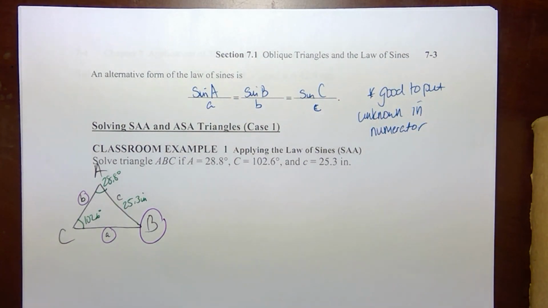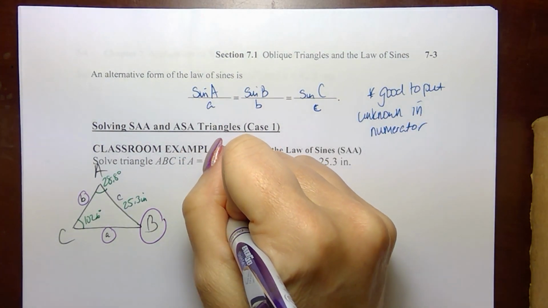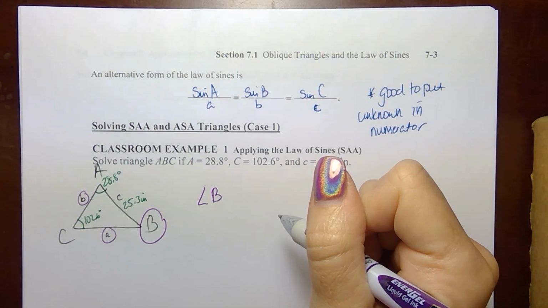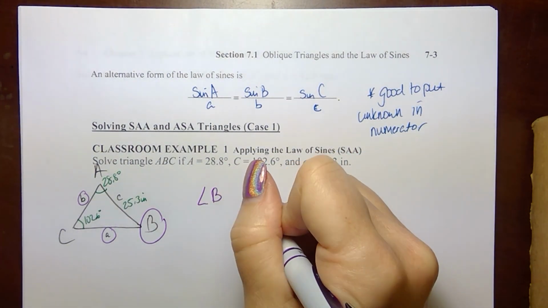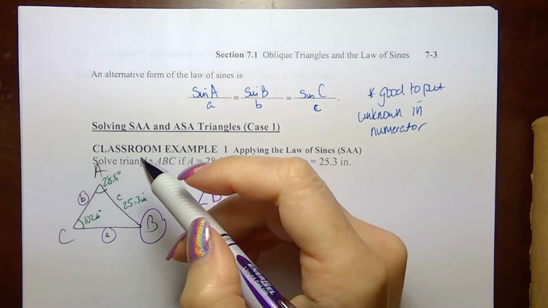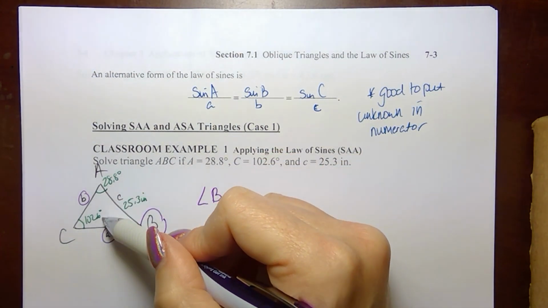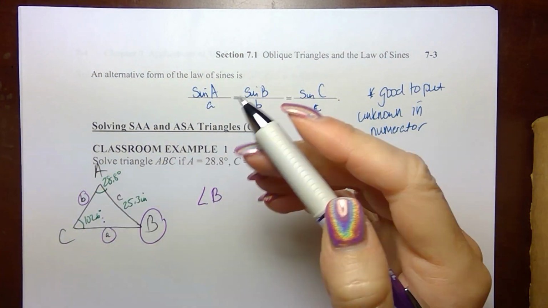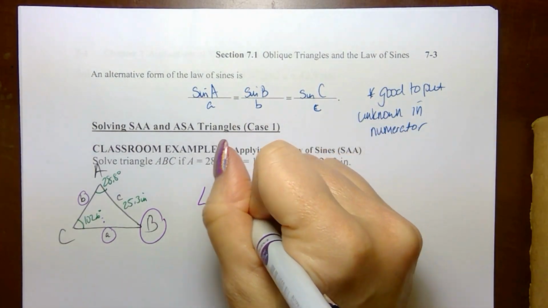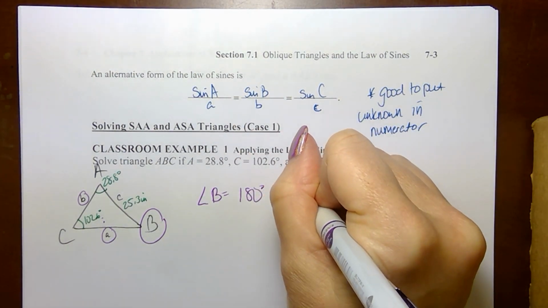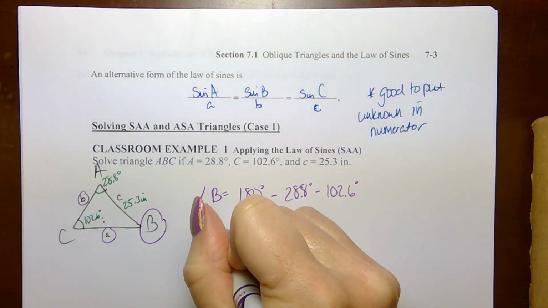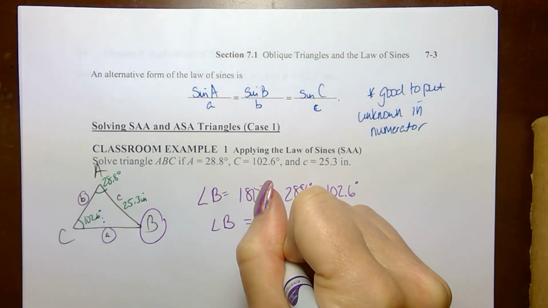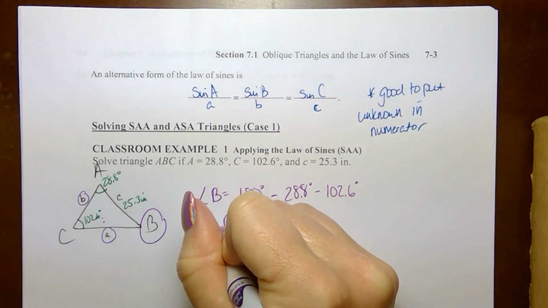Well, that third angle is always super easy to find because I know that the sum of the three angles in a triangle is 180 degrees. So to find angle B, I'm going to add up my other two angles and subtract that value from 180. So I've got 180 degrees minus that 28.8 minus the 102.6 gives me my measure of angle B as 48.6 degrees.